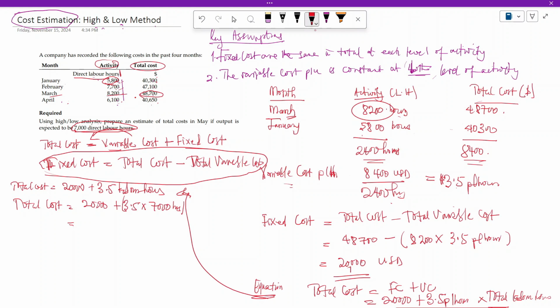And that will be 44,500 US dollars. So that is the high and low method of cost estimation.